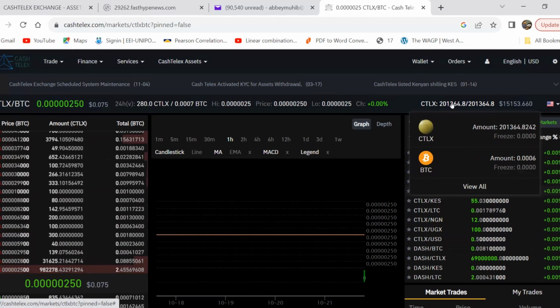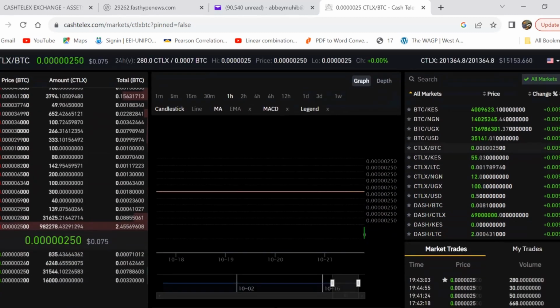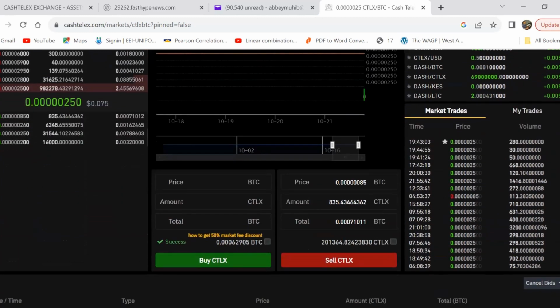So the one I just bought is added. This is how you buy at the spot. What I did now was buy at the rate at which CTLX is selling against the BTC, the one we have on the exchange.